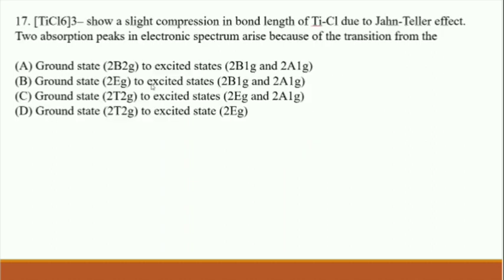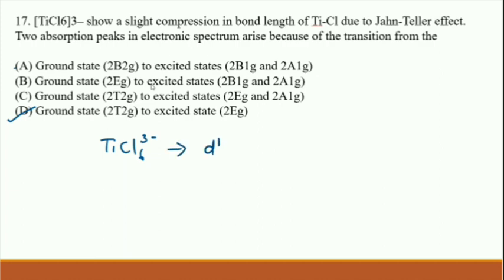17th question. TiCl6 3- shows a slight compression in the bond length of the titanium chloride bond due to Jahn-Teller distortion. Two absorption peaks in the electronic spectrum arise because of the transition from the state. In the answer key it is given as A option, but in my knowledge it is D option, because TiCl6 3- is a d1 configuration.